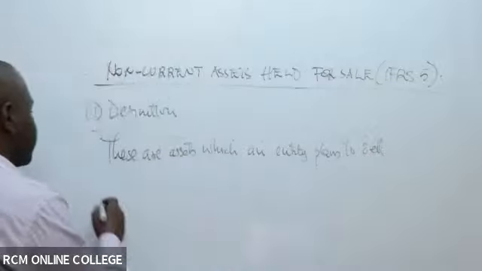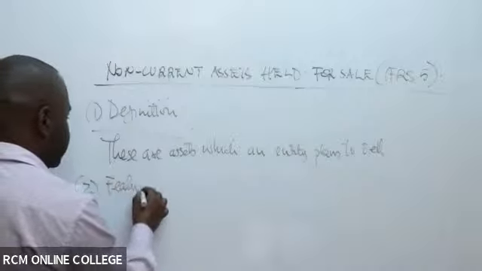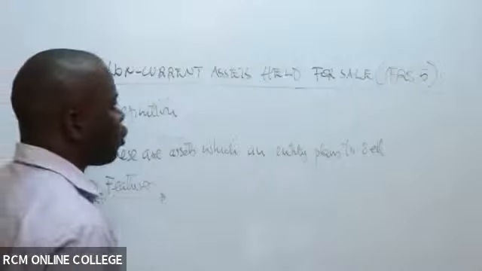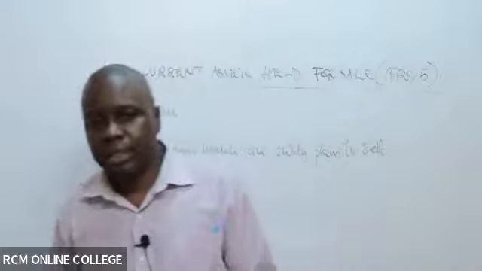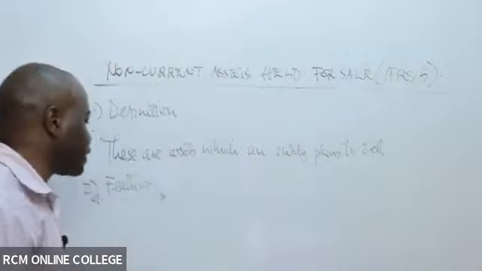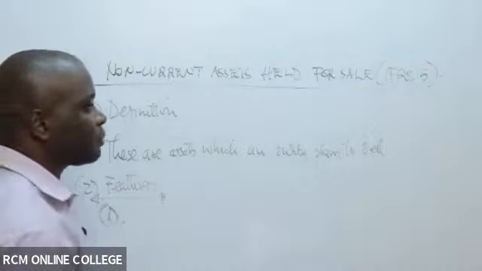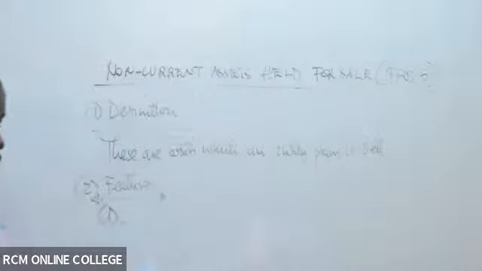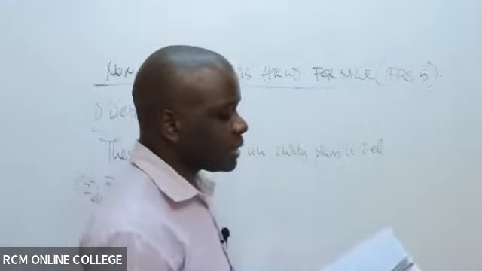So what are the features of these non-current assets held for sale? How will you know it is a non-current asset the entity is holding to sell? Feature number one: the management has committed to a plan to sell the assets.